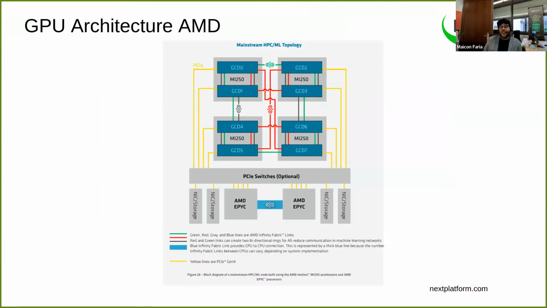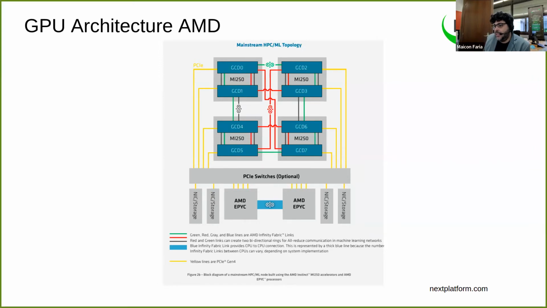So in terms of integration, this is very important: the integration of this GPU with CPUs, the communication between all these GPUs in the node, and the distributed communication also. This is one of the topologies suggested by AMD for this kind of node, and this is good for both HPC and machine learning.